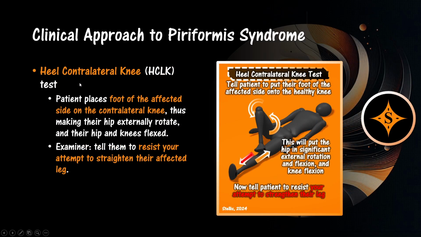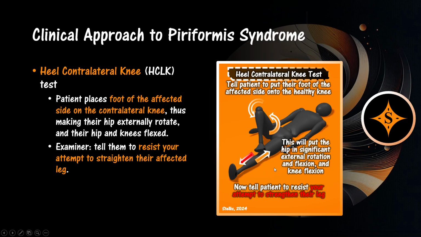Heel contralateral knee is basically you tell the patient to put their foot of the painful side on the knee of the healthy side. This will force them to put their hip in external rotation, significant external rotation, with the knee flexed.